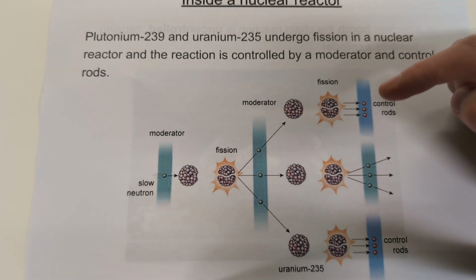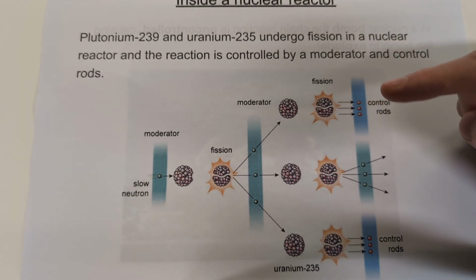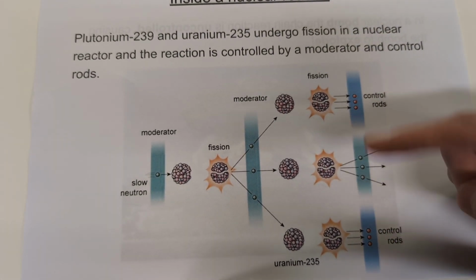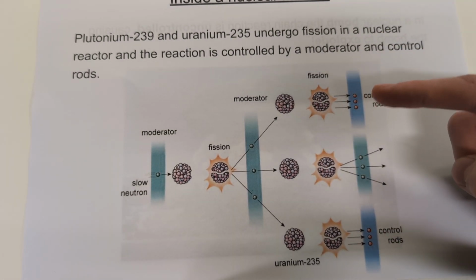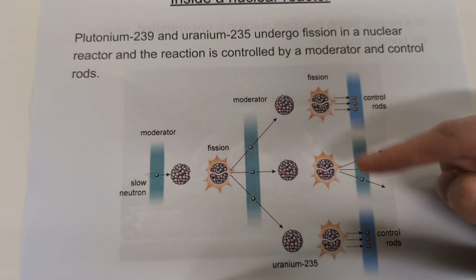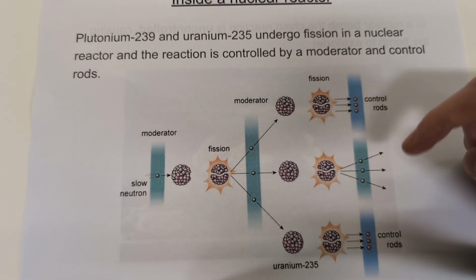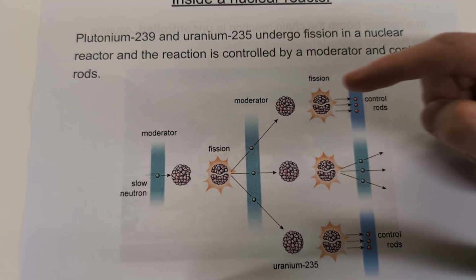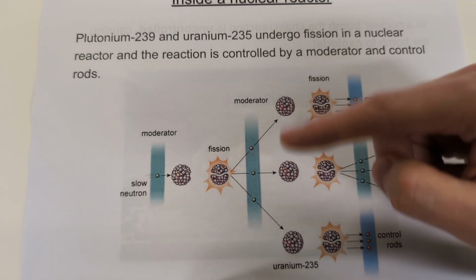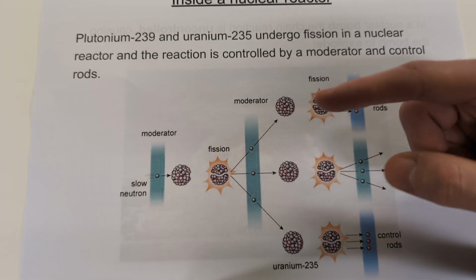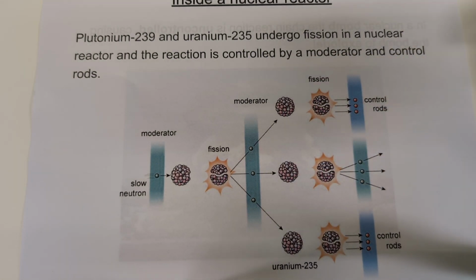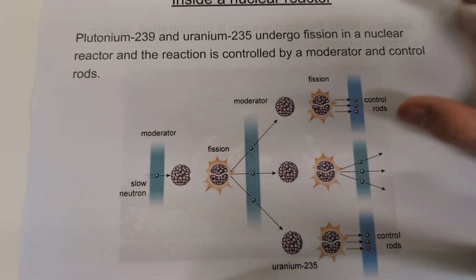Fission occurs, but this time the control rods absorb two of the neutrons, so only 3 neutrons are produced again and are let through. So here 3 neutrons went into the nuclei, and here 3 are produced. This will mean the same amount of energy is going to be produced.